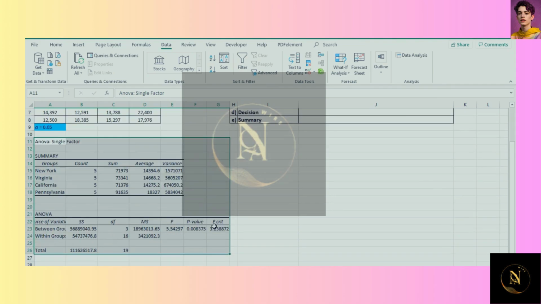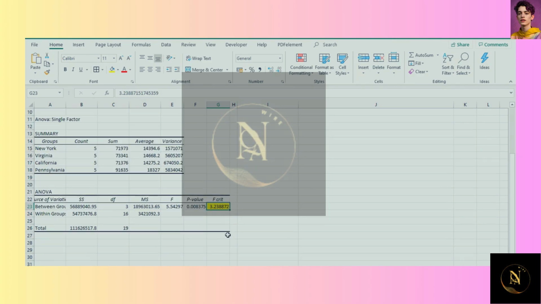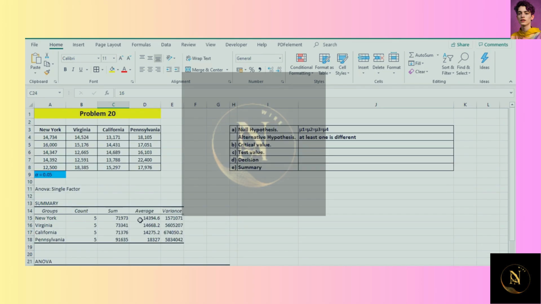And as you can see, we can get the critical value from here. The critical value is based on 3 numerator degrees of freedom and 16 denominator degrees of freedom, and the 0.05 level of significance.